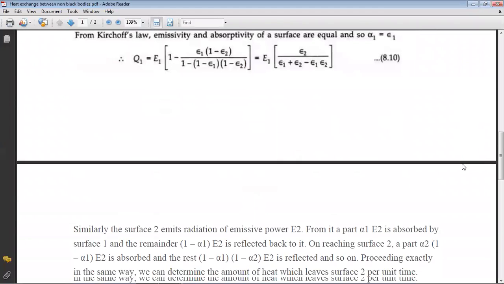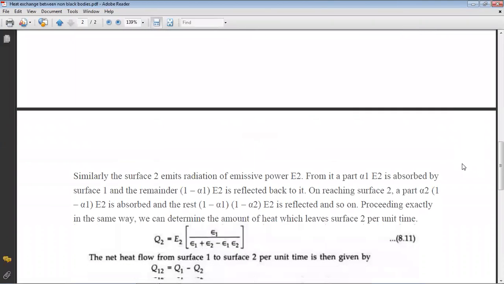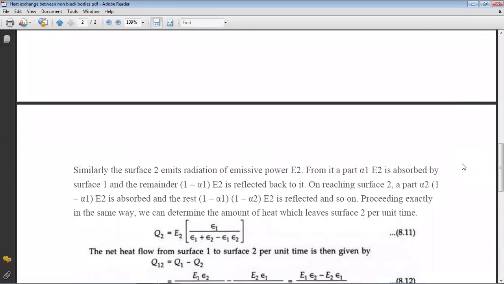Now similarly, if you consider the surface 2, which emits a radiation of emissive power E suffix 2 towards the first surface, which is having epsilon 1 as the absorptive power. Now epsilon 1 into E2 is the amount of energy absorbed.